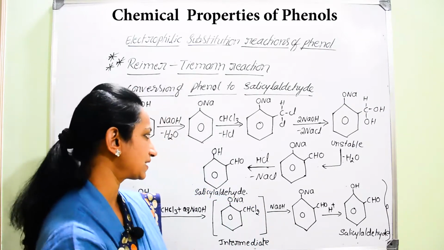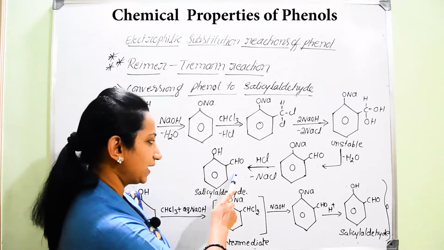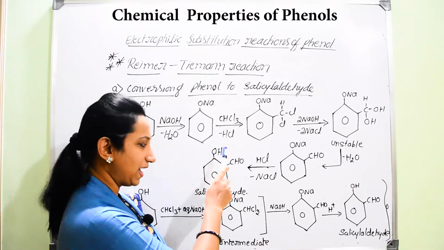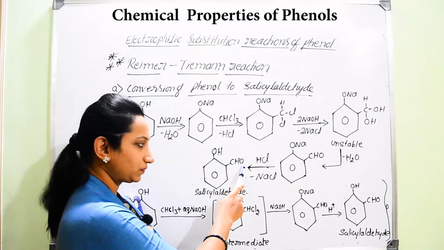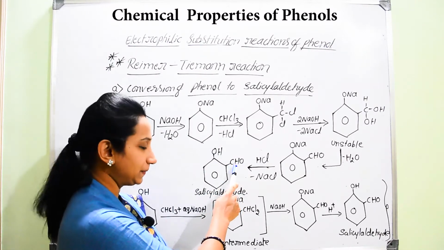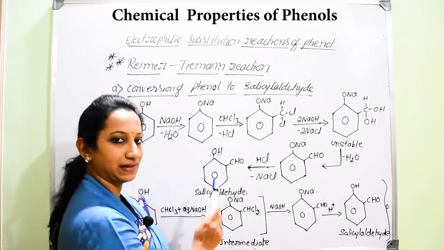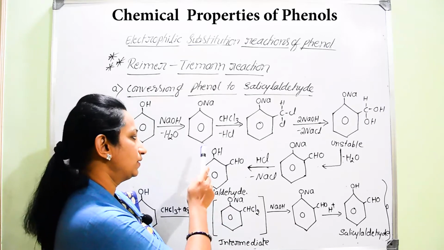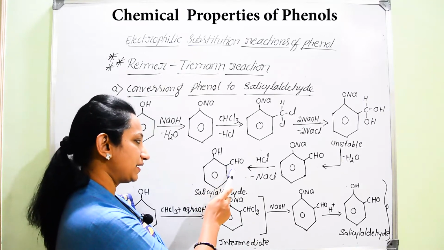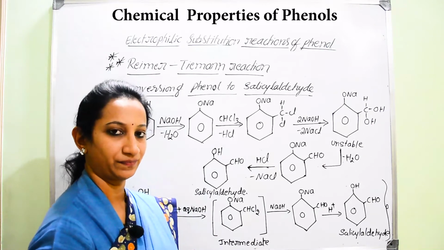What is this salicylaldehyde? To the benzene ring, there is attachment of an OH group as well as a CHO group. The CHO group is particularly present at the ortho position. So it is salicylaldehyde, obtained by starting with phenol as the starting reagent.